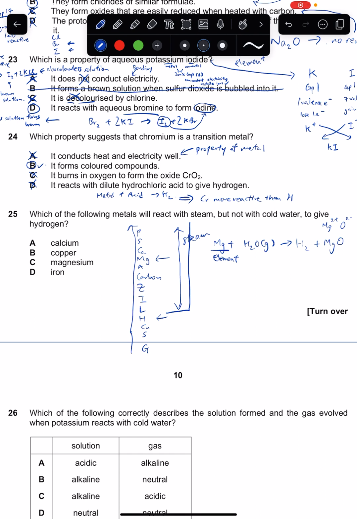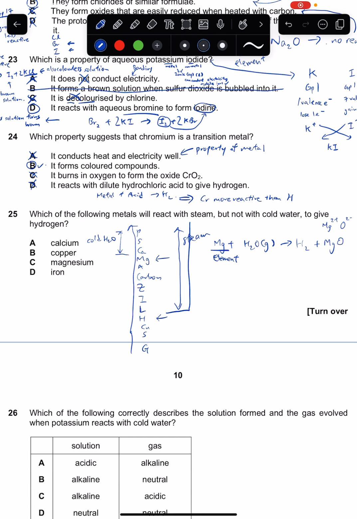Then cold water. So if you recall, why cold? Contrast that it's really low temperature water, a very very mild condition. So this is actually reserved for the top 3 metals because they are so reactive that merely cold water, no heat, is a dangerous reaction and everything.